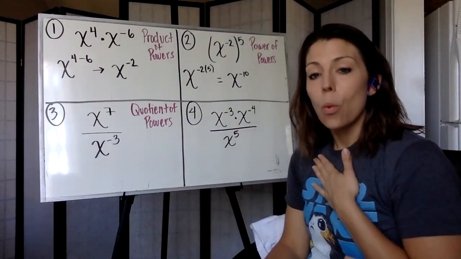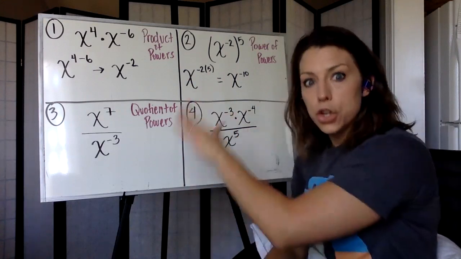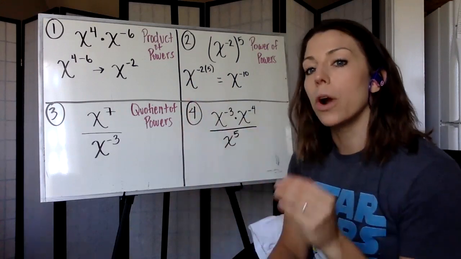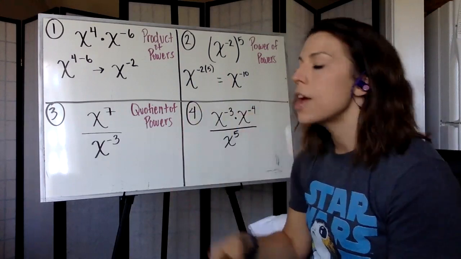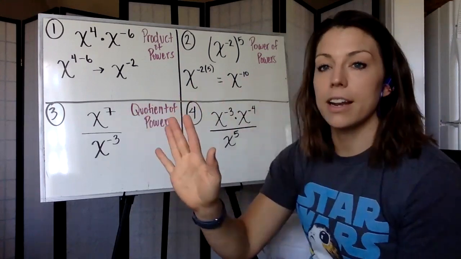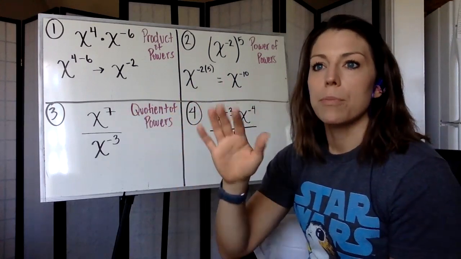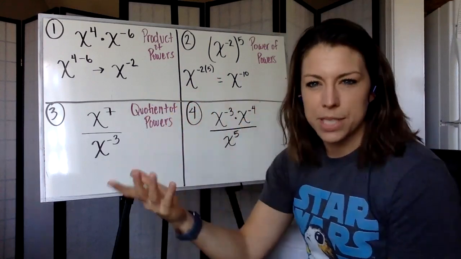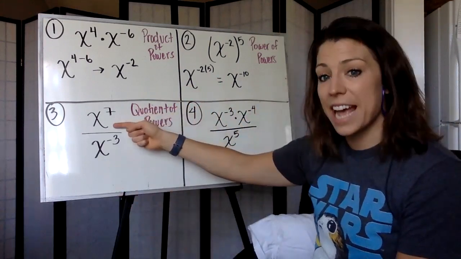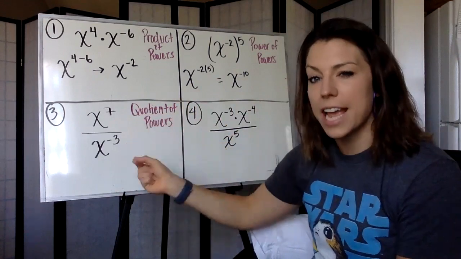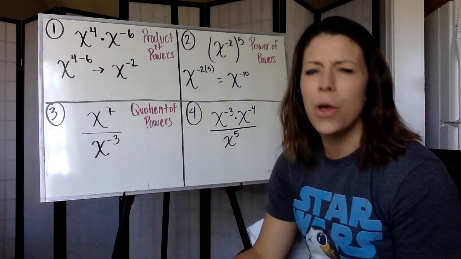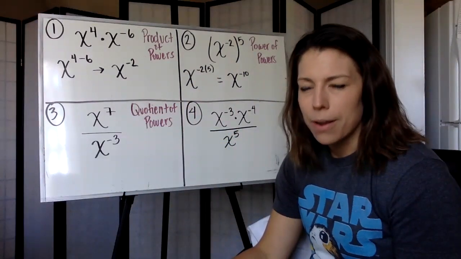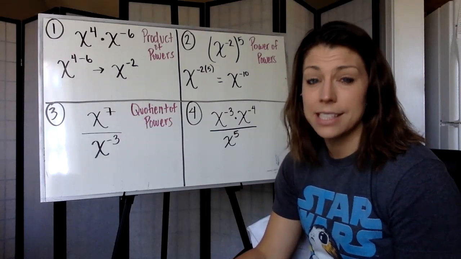I always ask, which does the numerator or denominator have more x's, or more bases? So I'm looking here, and pardon me for saying this potentially wrong, but there are 7 x's in the numerator and there are negative 3 x's in the denominator. Which one is the greater number? I hope you all said 7.